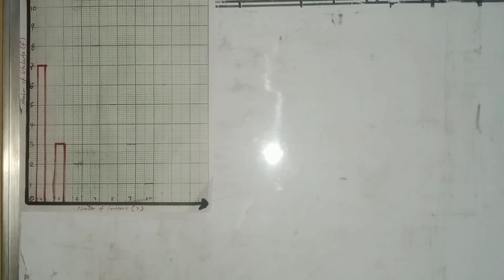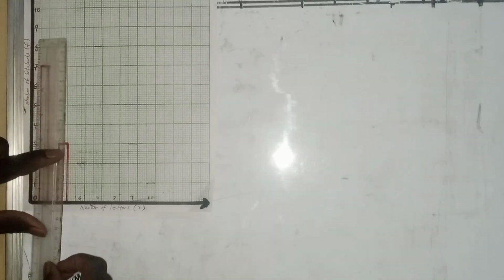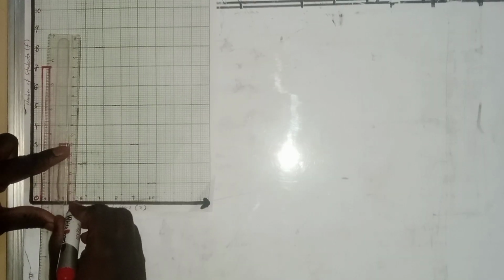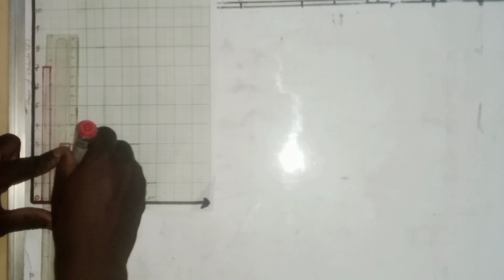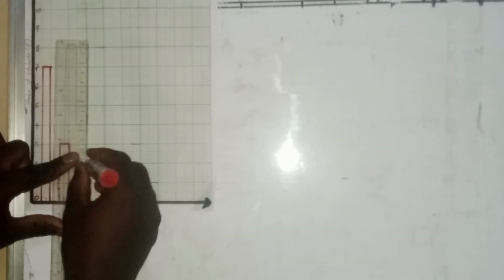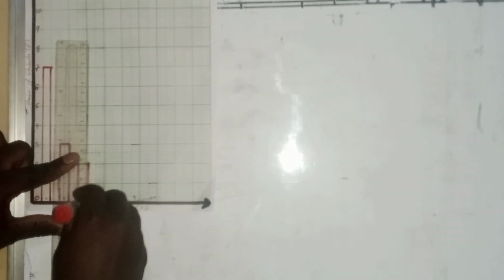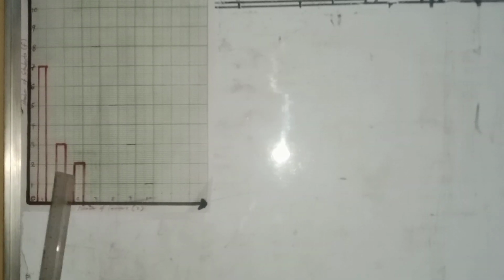After 5, 6 is next, and the frequency of 6 is 2 from the question. You can see that I'm leaving spaces, equal spaces between the bars.